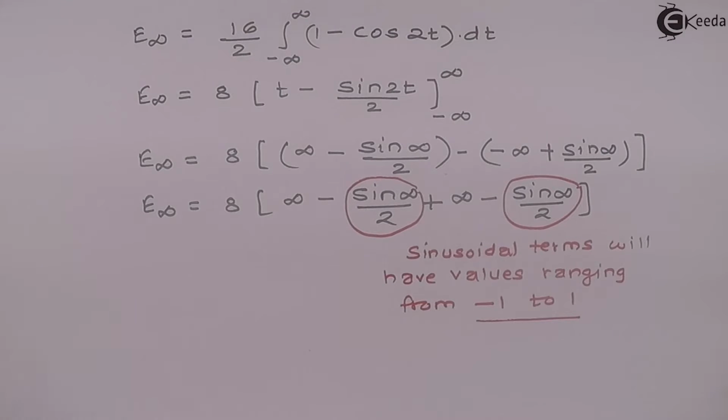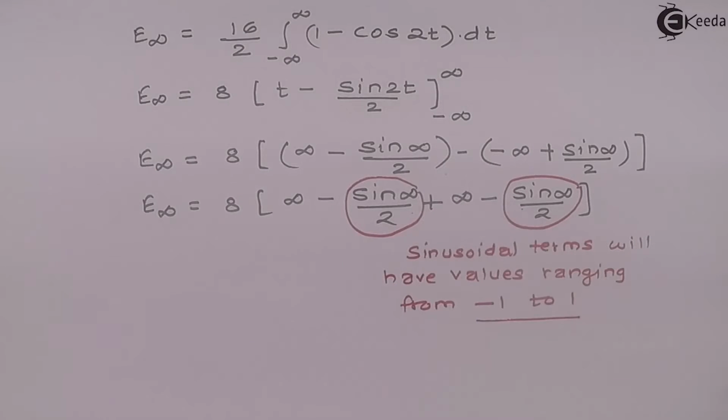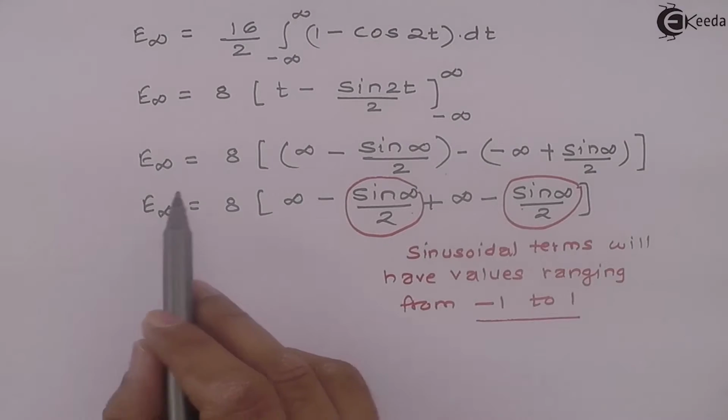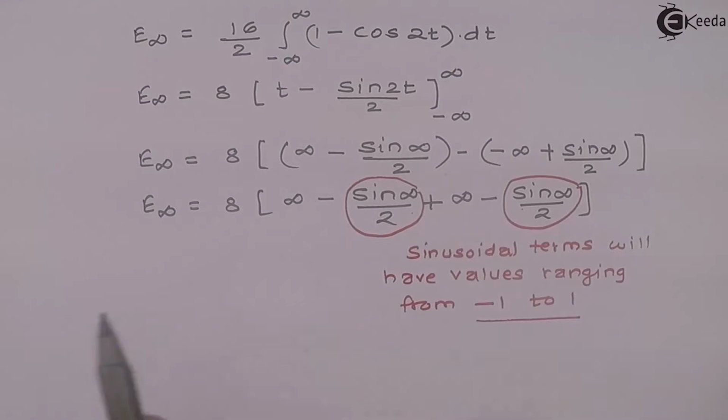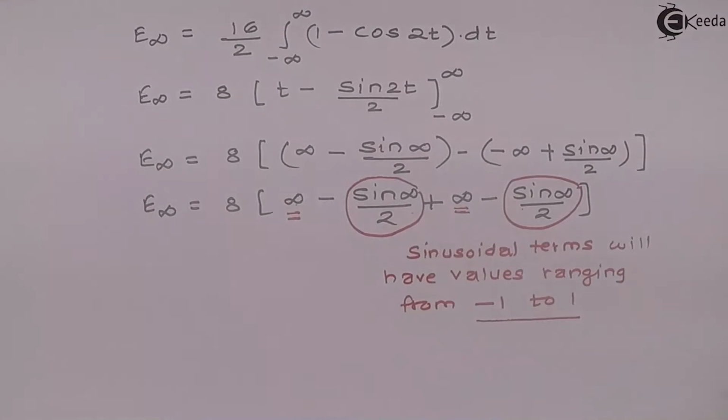In the end, these two will always give you finite numbers, but the whole term will be infinite because of the other two infinite numbers. So in the end, I will have E infinity as infinity.